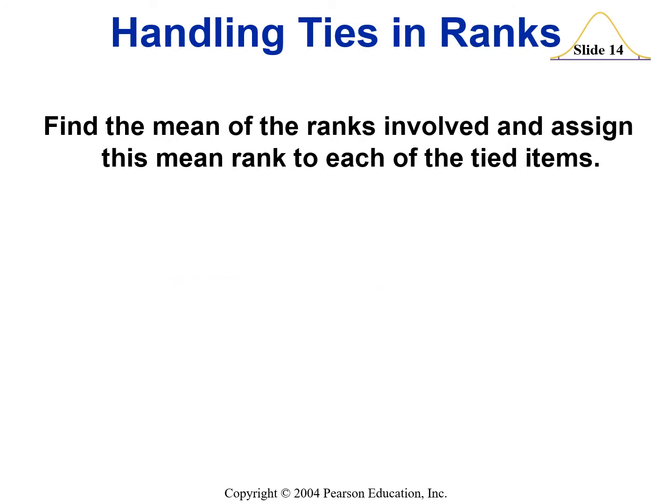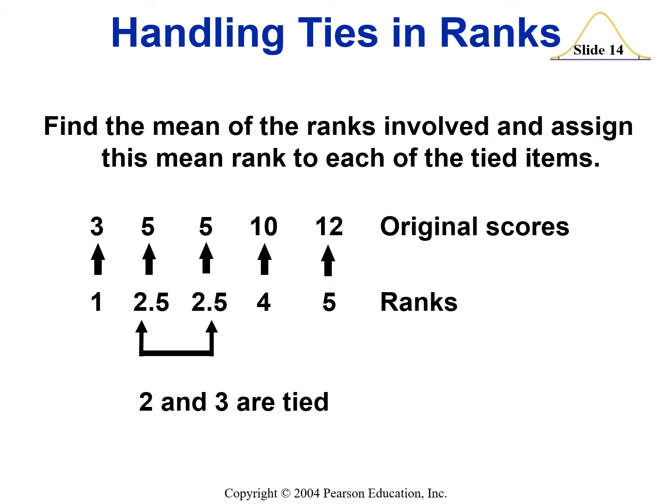Sometimes we have ties in the original data set. Look here, we have 3, 5, 5, 10, and 12. So we have two values with the same number. We assign rank 1 for the first, which is 3.